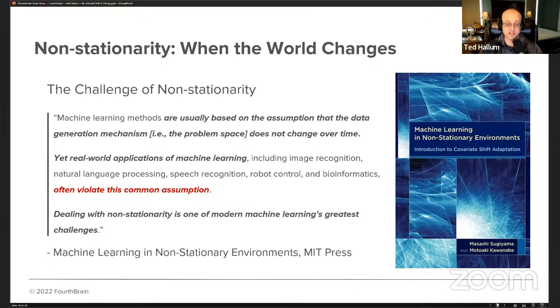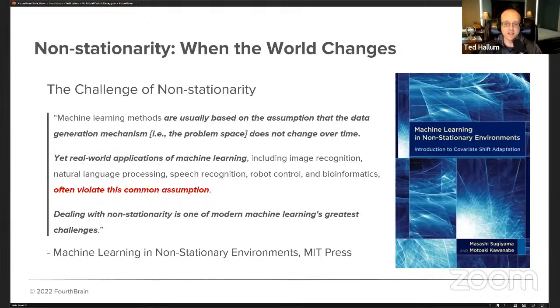And as this quote here from Machine Learning in Non-Stationary Environments, an awesome book from MIT Press, says, much of modern machine learning is built on that assumption. If you've ever been in a formal machine learning class, you've probably been told, just assume that the training data and the test data in production are going to be identically and independently distributed. Here they say that the data generation mechanism doesn't change. Those mean the same thing.